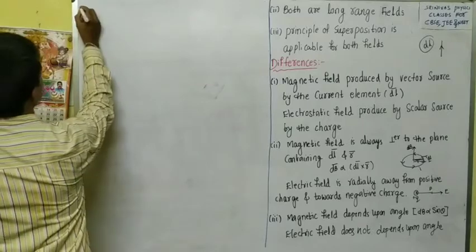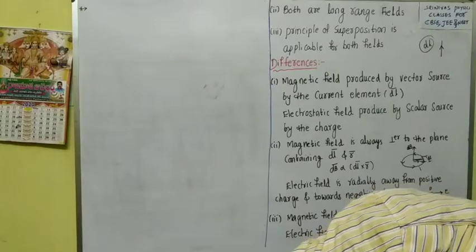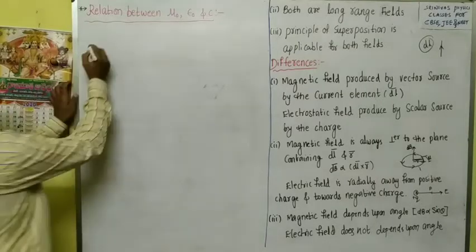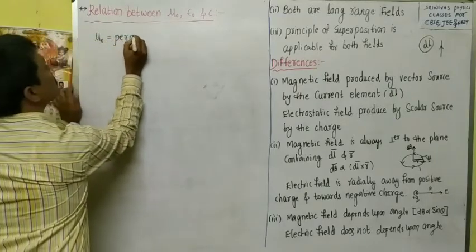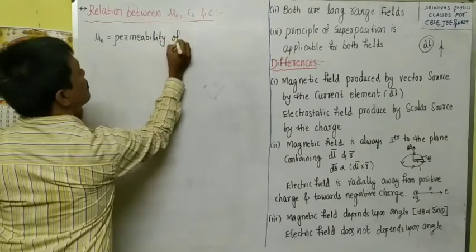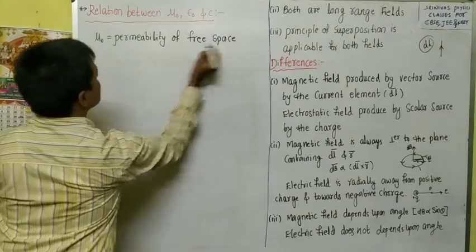Let us see here. I am going to derive the relation between mu naught, epsilon naught and c. How will we derive the relation? Mu naught is the permeability of free space.